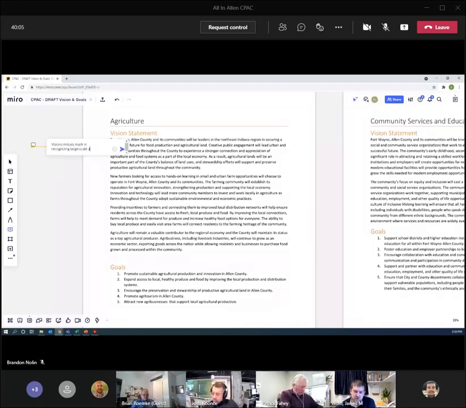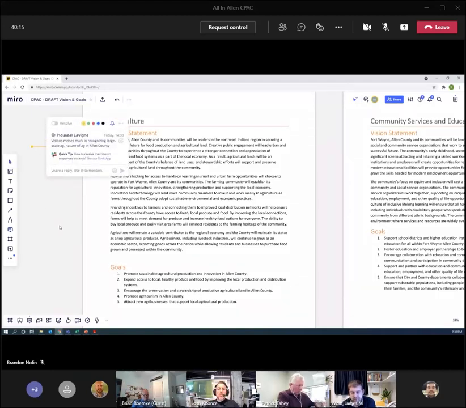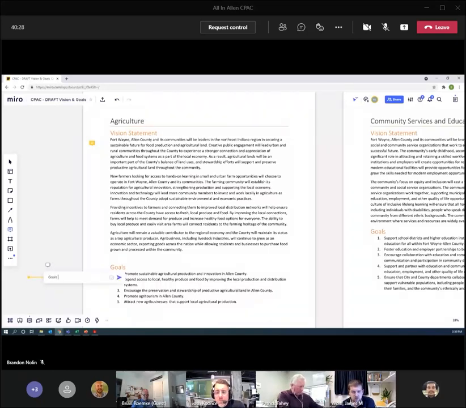encourages the preservation of productive agricultural land is quite a step even over the last comprehensive plan, because there was a line about focusing development not on prime agricultural ground, but we never actually talked about finding ways to preserve agricultural ground and prioritize that over development.